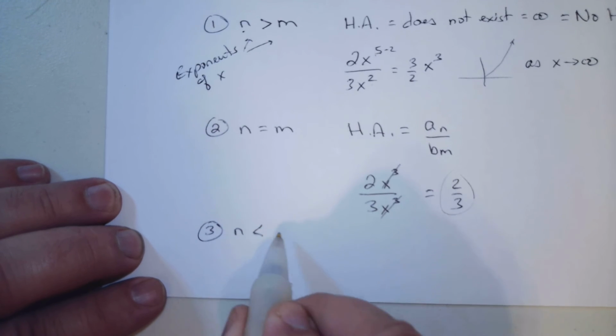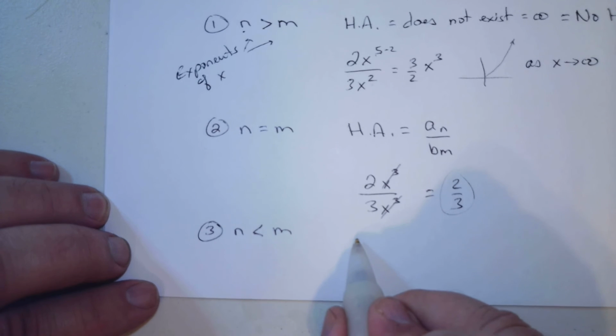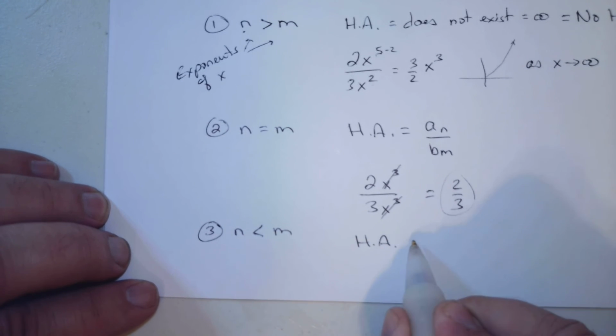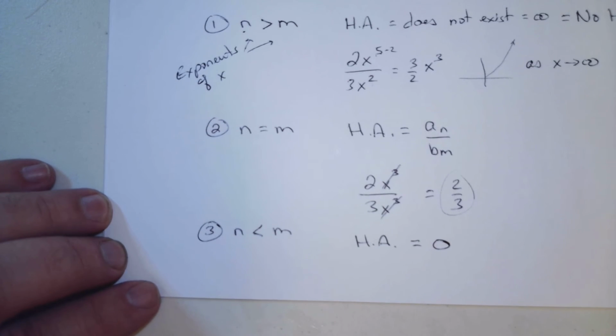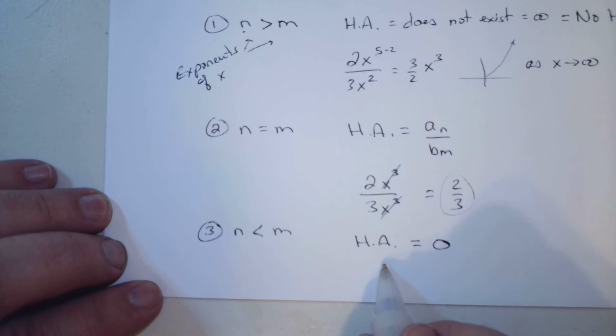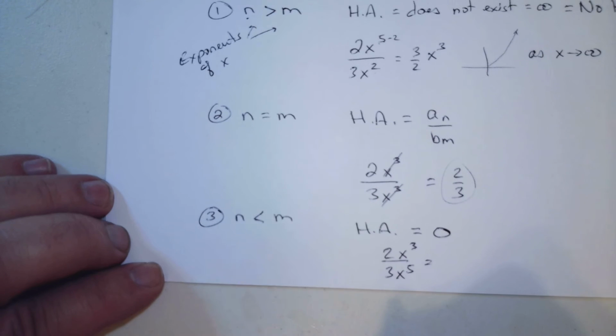And if the top is less than the bottom, the horizontal asymptote is 0. Two x to the third over 3x to the fifth. This is 3, this is 5, so I have more on the bottom.